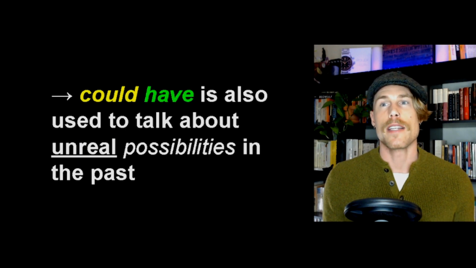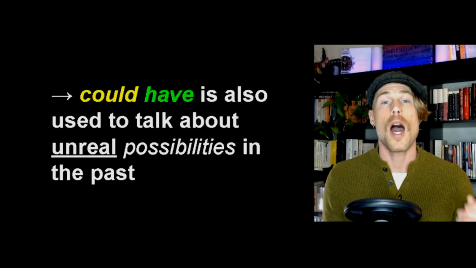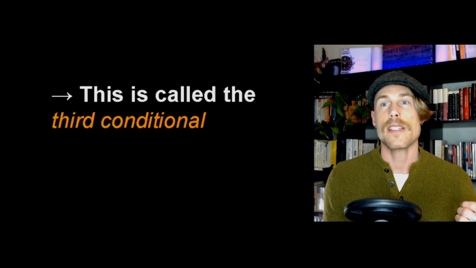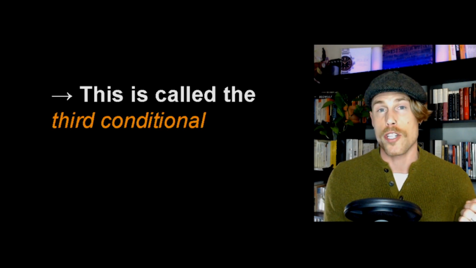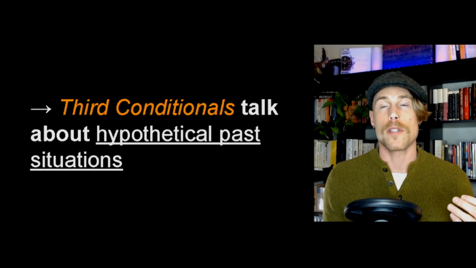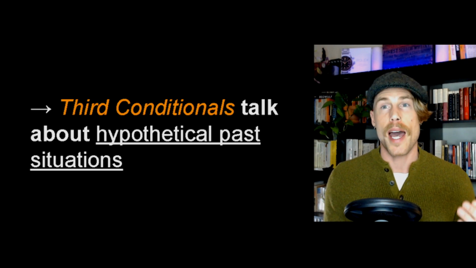Could have is also used to talk about unreal possibilities in the past. This is called the third conditional. Third conditionals talk about hypothetical past situations.